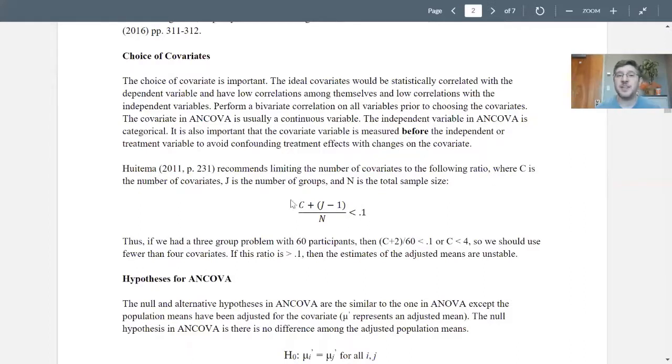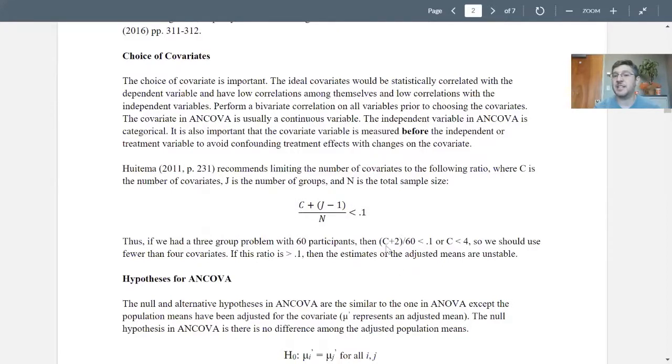I also found this from this citation here. He gives an inequality to help judge the number of covariates. If you're going to use more than one covariate, you can use this inequality. I have an example here. Say we had 60 participants, and our independent variable had 3 groups. We could fill out this inequality: 3 minus 1 is 2, divided by 60.